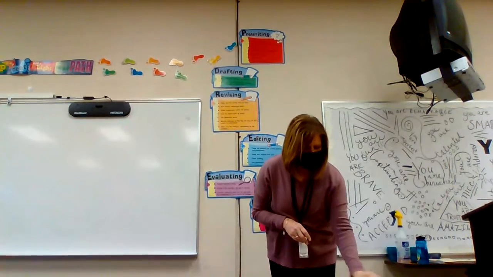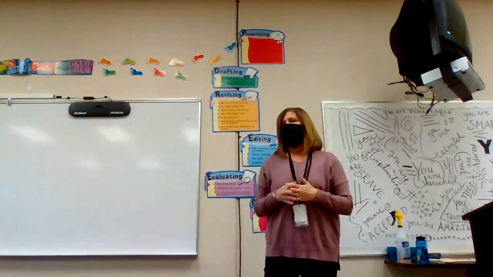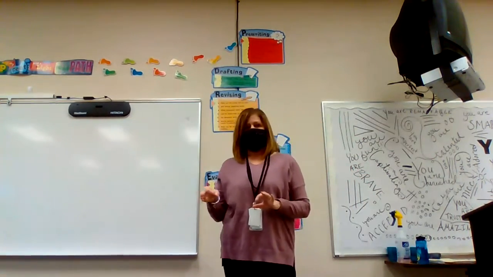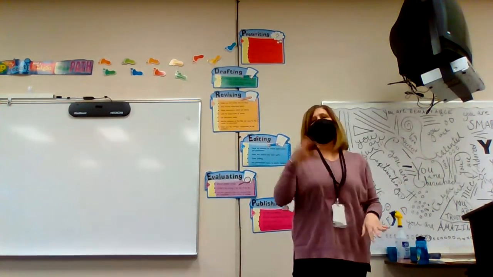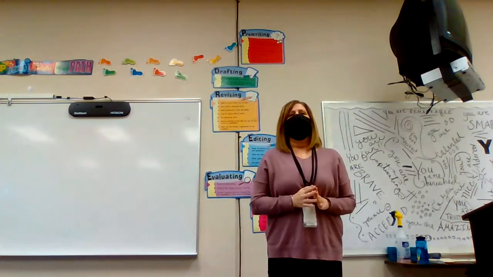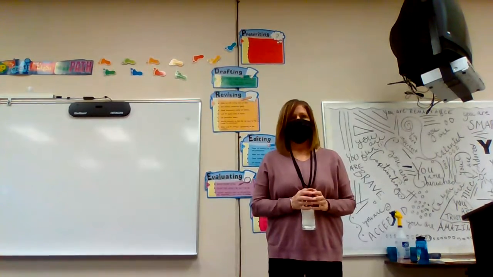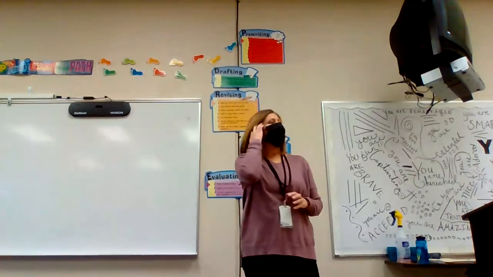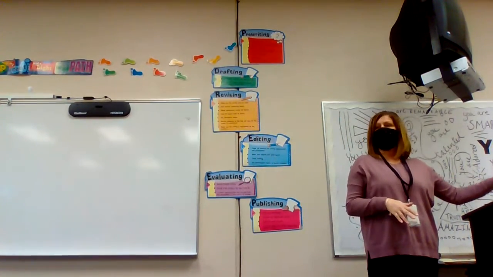After we talked about singular and plural, we talked about concrete and abstract nouns. So what is the difference between a concrete noun and an abstract noun? Mary. A concrete noun is like something you might touch. An abstract is like something you can't really see. Great. So concrete is something you can touch, see, feel, hear.